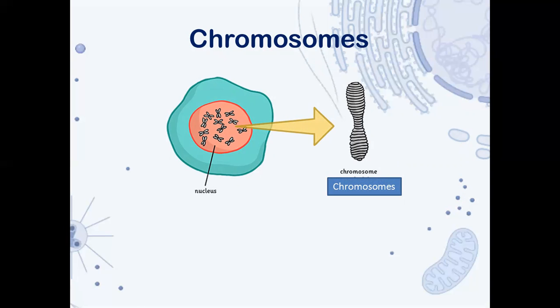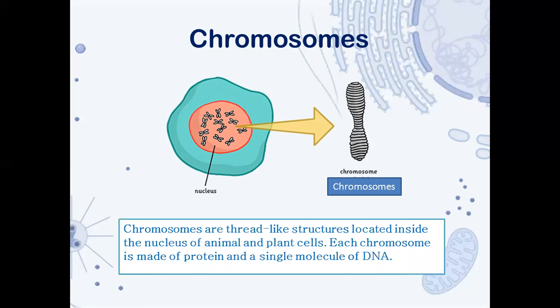Inside the nucleus, the structures are known as the chromosome. These are the thread-like structures which are located inside the nucleus of an animal and plant cell. Each chromosome is made up of protein and a single molecule of DNA. So this chromosome is made up of a protein and only a single molecule of DNA.